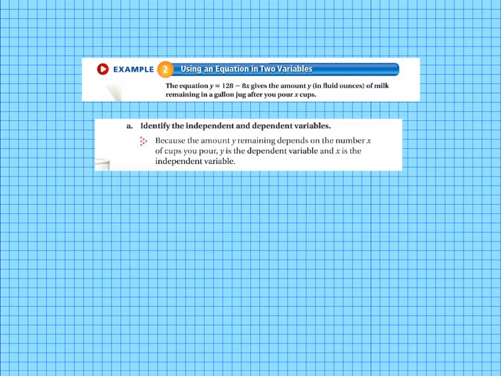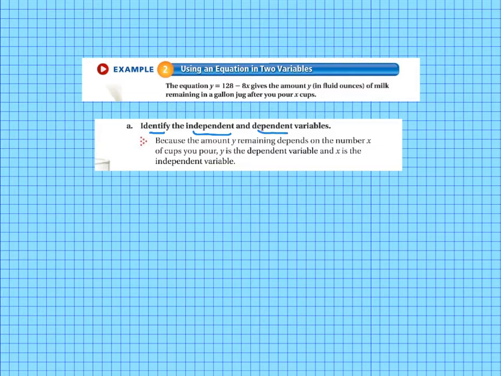Let's keep going with example 2a. It says the equation y equals 128 minus 8x gives the amount y in fluid ounces of milk remaining in a gallon jug after you pour x cups. So that's got a lot going on there, but we can figure it out, I'm sure. So example 2a says identify the independent and dependent variables.